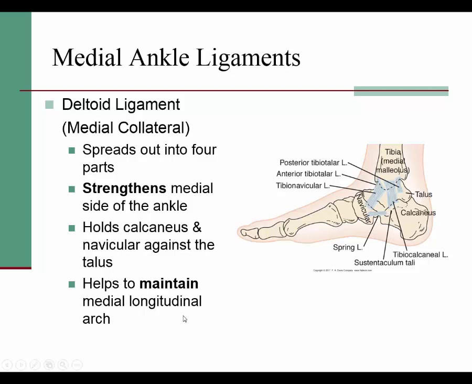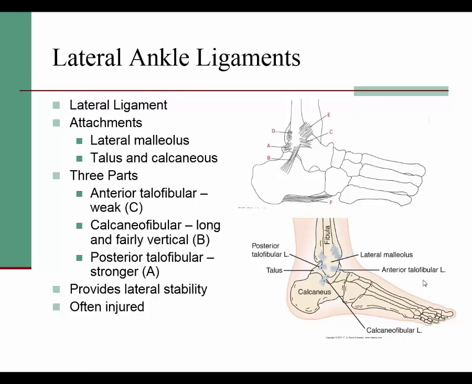As far as the lateral ankle ligaments, attachments here, lateral malleolus and the talus and calcaneus, there are 3 parts. We've got the anterior talofibular, the calcaneofibular, and the posterior talofibular. The anterior talofibular, what you probably want to know about that or want to understand, is that it's a very weak ligament.